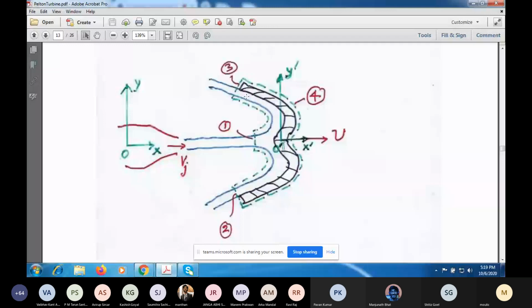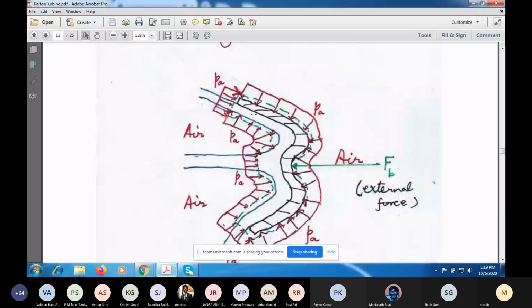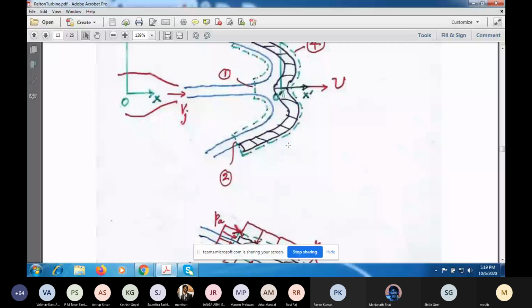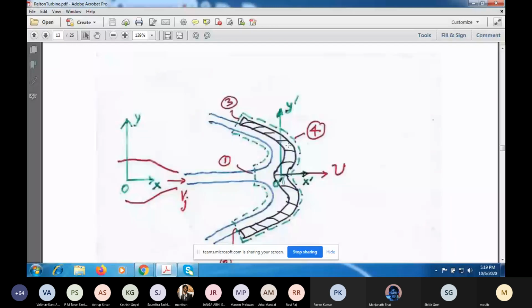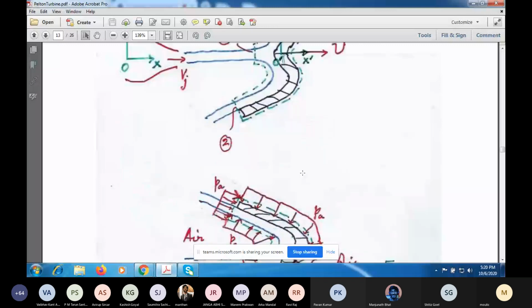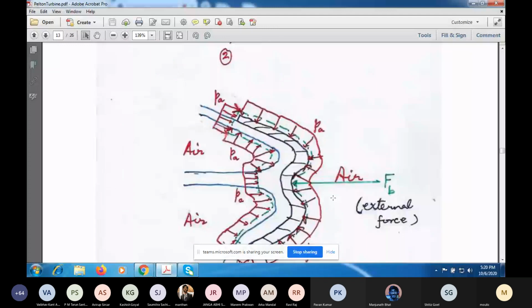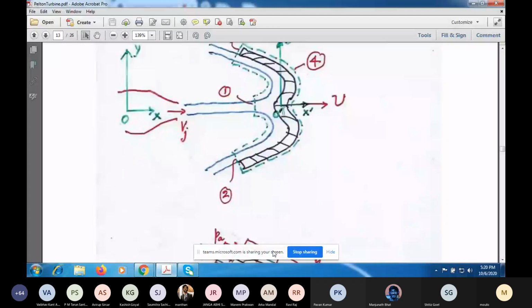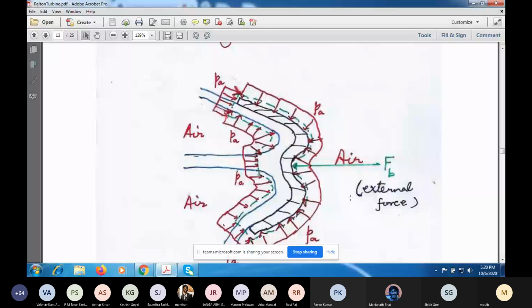Now, of course, there will be a resisting force if the wheel is spinning at a constant angular speed. It means there must be a load on the shaft which will come from the generator. It may be due to electrical load. So that resisting load, in this model where we are assuming the rotary motion is equivalent to a translatory motion, is shown by an external force which I am calling F with a subscript B, B for blade.